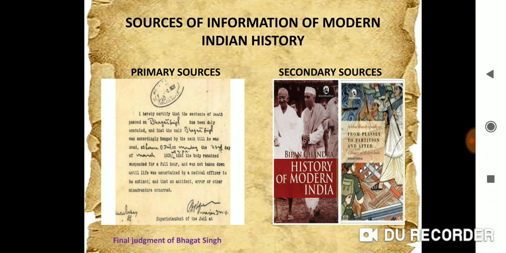Another primary source, on the left side, the court records, the original court records are under the primary sources.